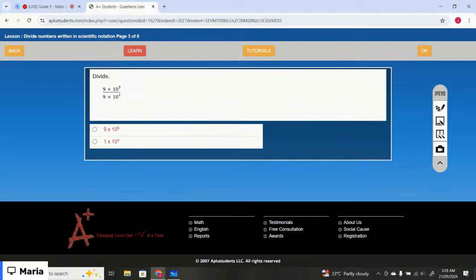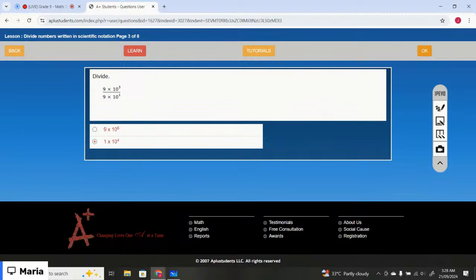The correct option is option number, that's the second one, right? That is 1 times 10 exponent 4 is the correct option. Option number 2 is the correct option, right?